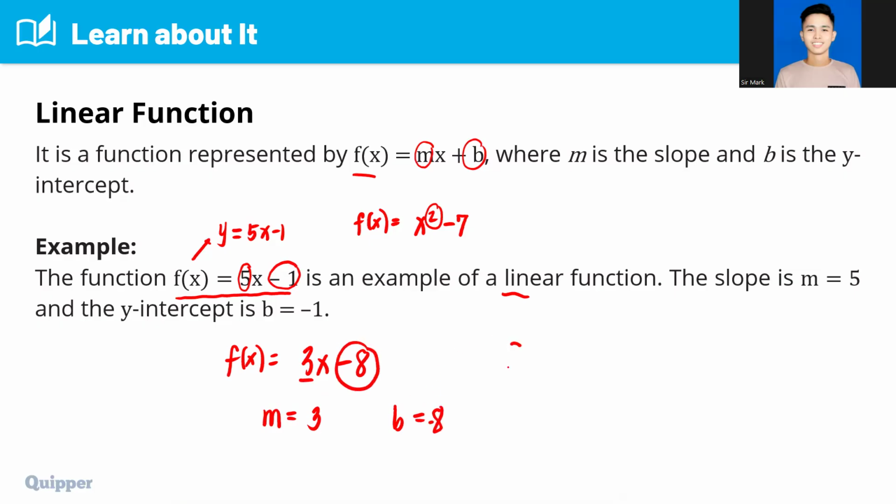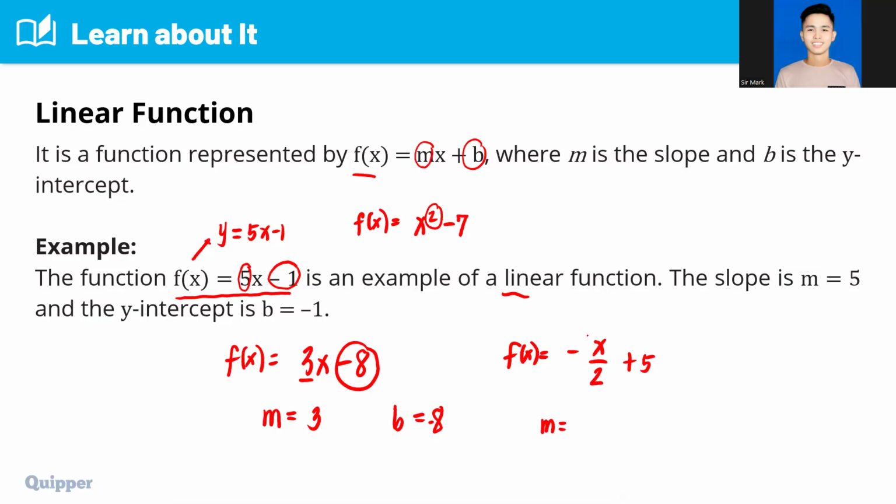Now, if you have f of x equals, let's say, negative x over 2 plus 5, our slope here is the numerical coefficient of the first term. When we say numerical coefficient, that is the number beside x. Remember, if it's a fraction and we have here x in the numerator, what's the number beside x?